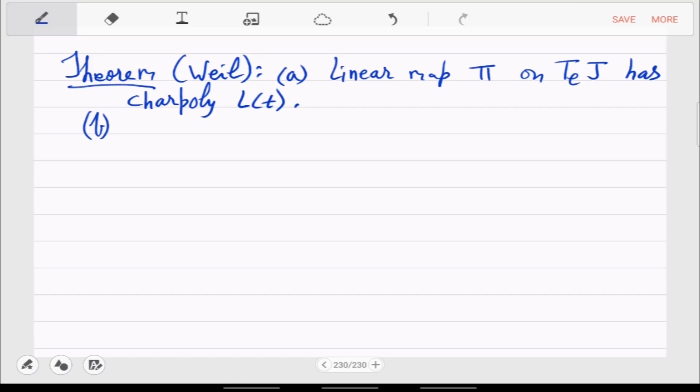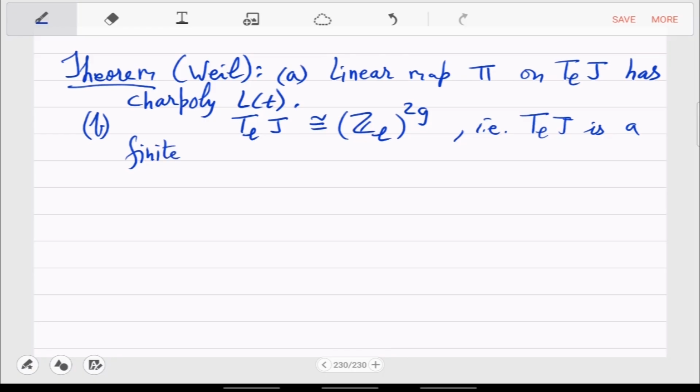Second is TL J has a nice structure. So in particular, TL J is a finite rank ZL module. So ZL is the L-adic numbers. You can think of this as Z mod L squared, Z mod L cubed.